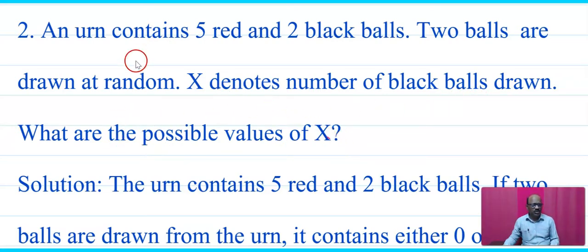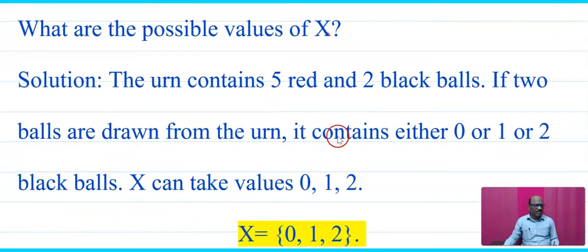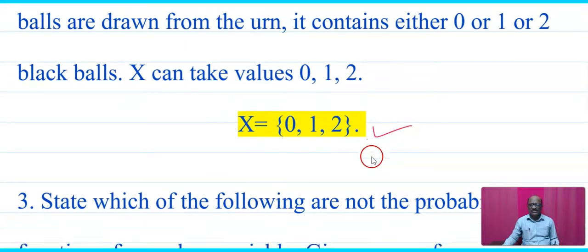If the 2 balls are drawn from that urn, they may contain either 0 or 1 or 2 black balls. Therefore, X can take the values 0, 1, 2, and this is the answer.